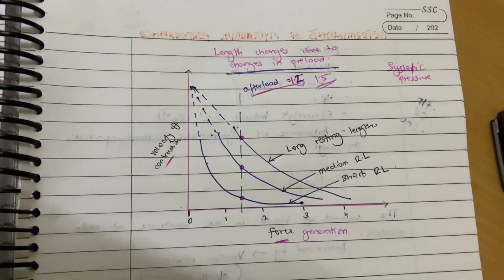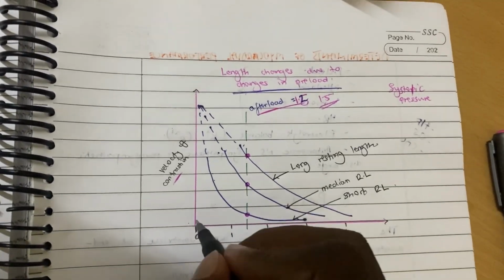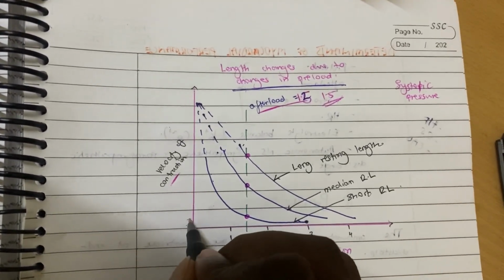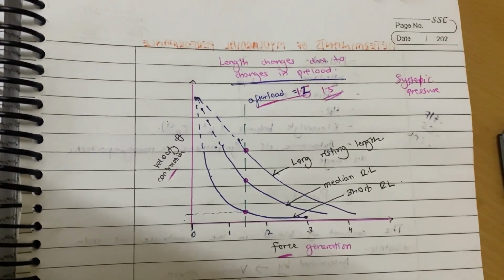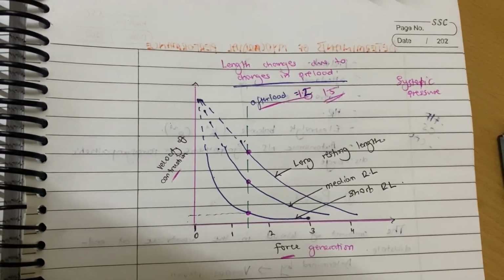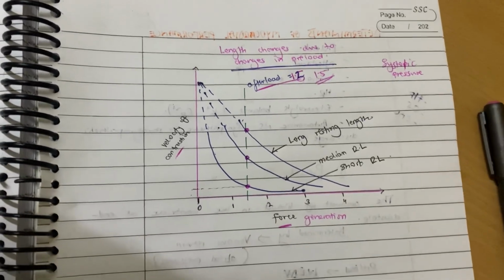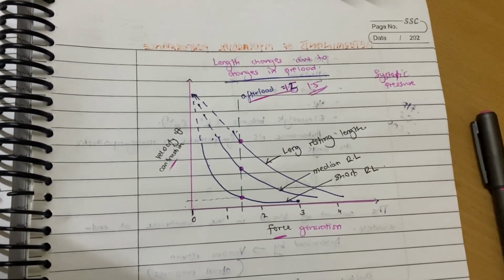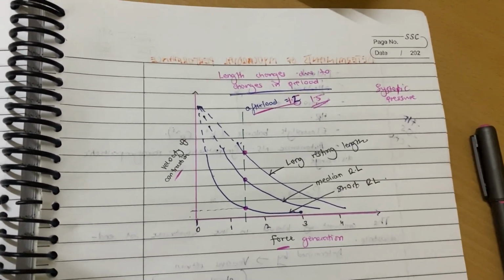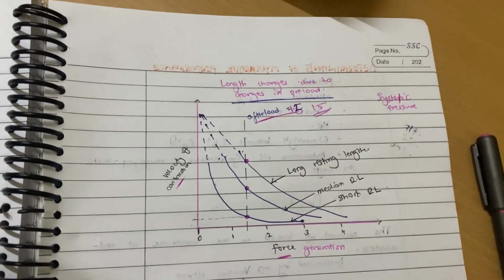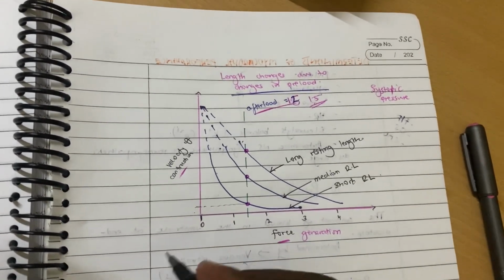This is how we label them. So at a very short resting length, see, the velocity of contraction is very less. Now, velocity of contraction decreases with an increase in afterload. We first clear the concepts.